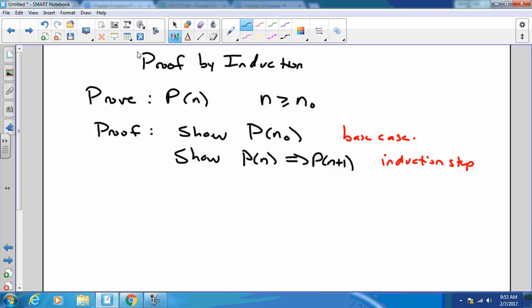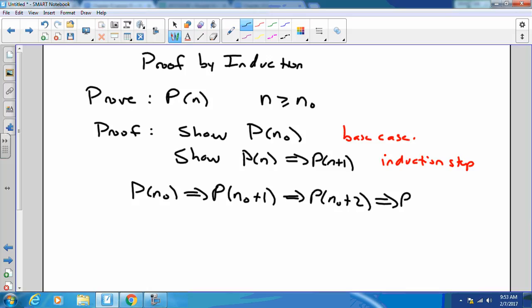If we have done that, then what we have done is to establish an induction chain so that the base case implies the next case, which implies the next case, which implies the next case, and so on.